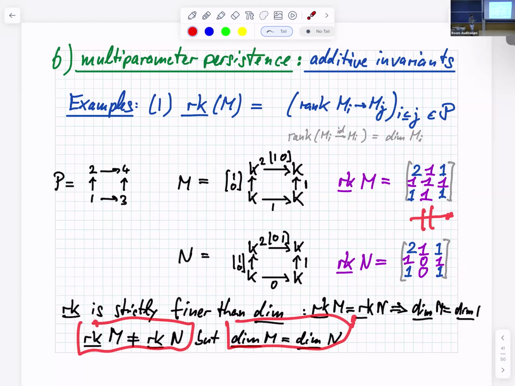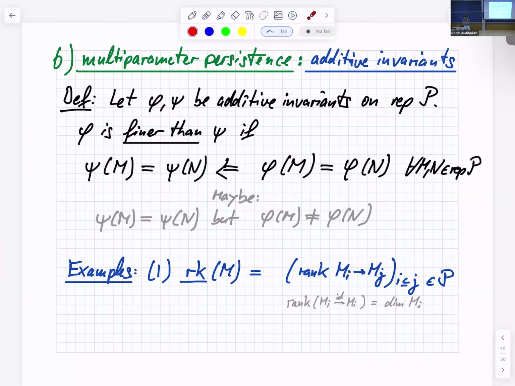Therefore, I call the rank a finer invariant than the dimension. That's good? Is this now compatible with the version that I wrote here? Okay, good. Thank you very much. So we got that.